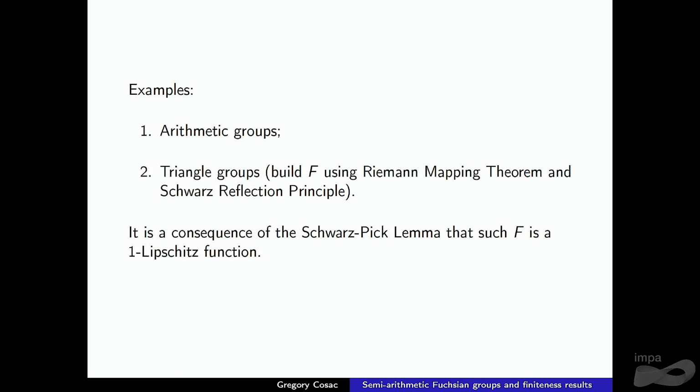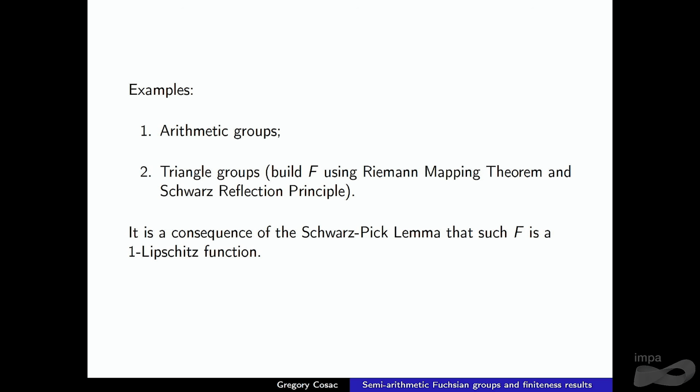So you have modular embeddings for these too. And in fact, as far as I know, it's still not known if there are co-compact Fuchsian groups admitting a modular embedding that are neither arithmetic nor subgroups of a triangle group. And these holomorphic maps will be 1-Lipschitz, right?